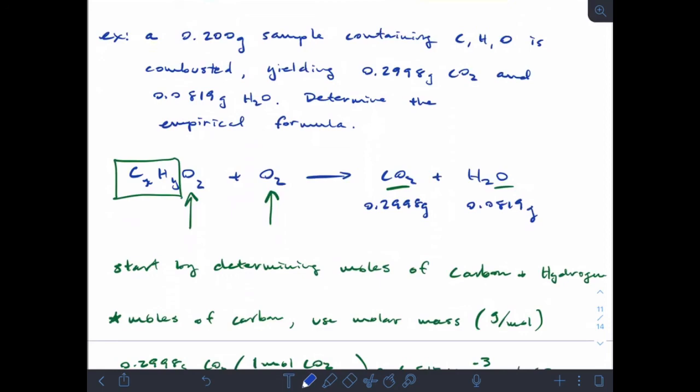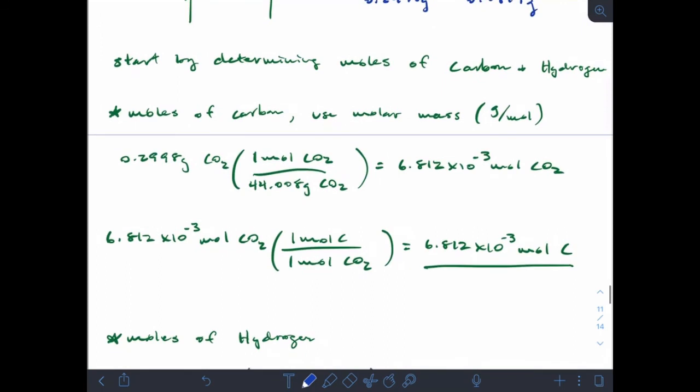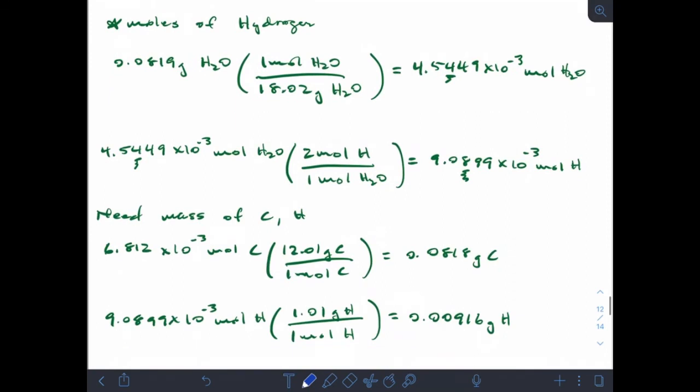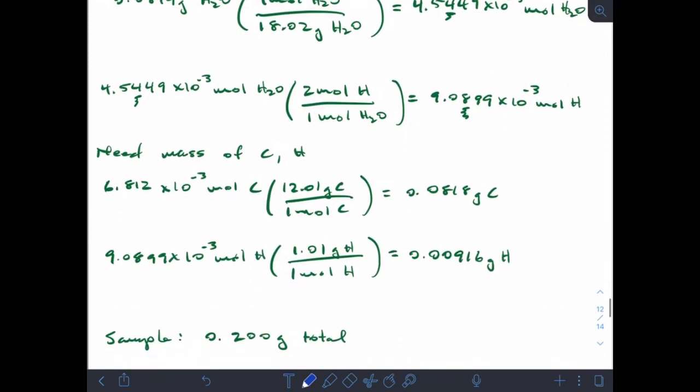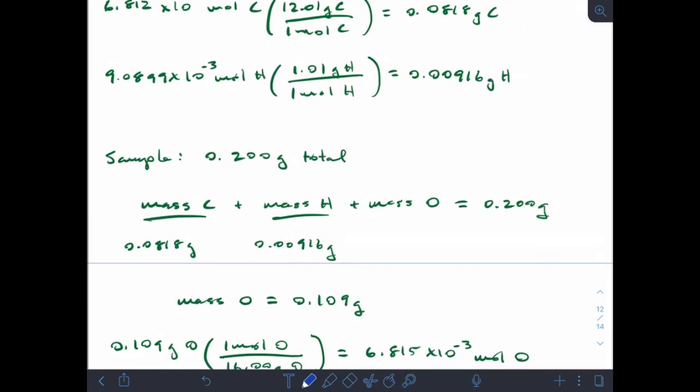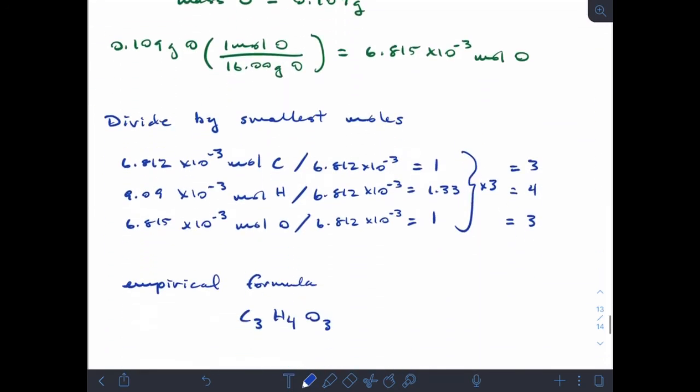But the point is that we use our stoichiometry, we use our conversion factors to determine moles of the carbon, moles of the hydrogen. We use those to get mass of each of them so that we can subtract from the total mass and find out how much of the oxygen was in the compound. And then it becomes like every other empirical formula problem where we use moles, divide by the smallest moles to get whole numbers.